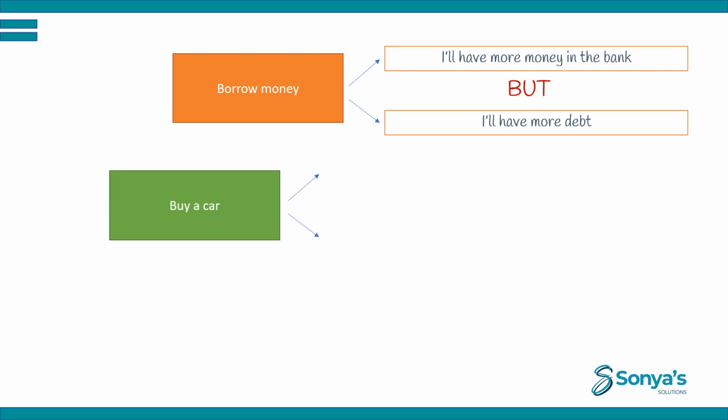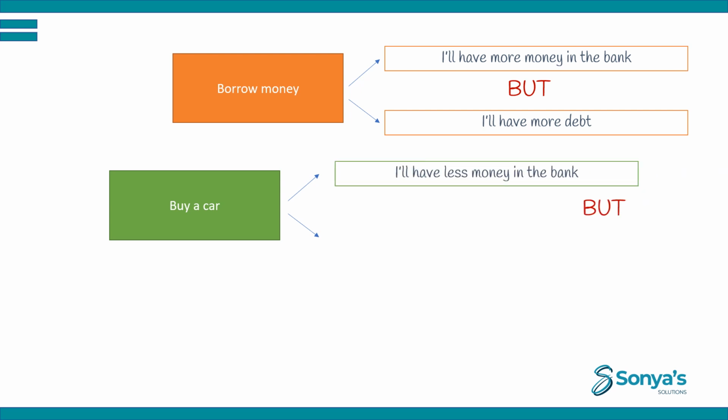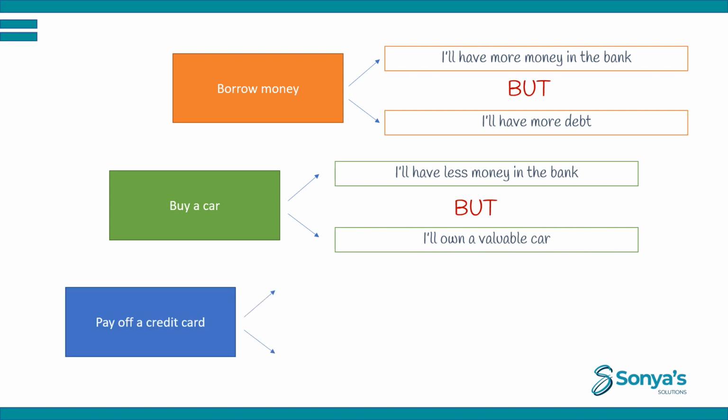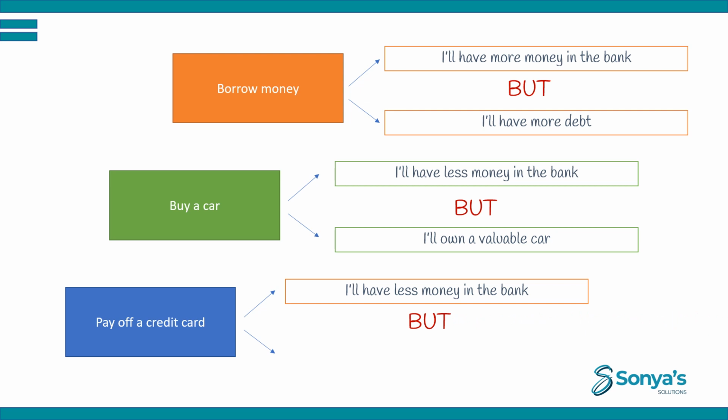What's the effect if you use some of the money to buy a car? Your bank balance would reduce, but you'll own a valuable car. What's the effect of settling a credit card debt? You'd have less money in the bank, but you'd have no credit card debt.